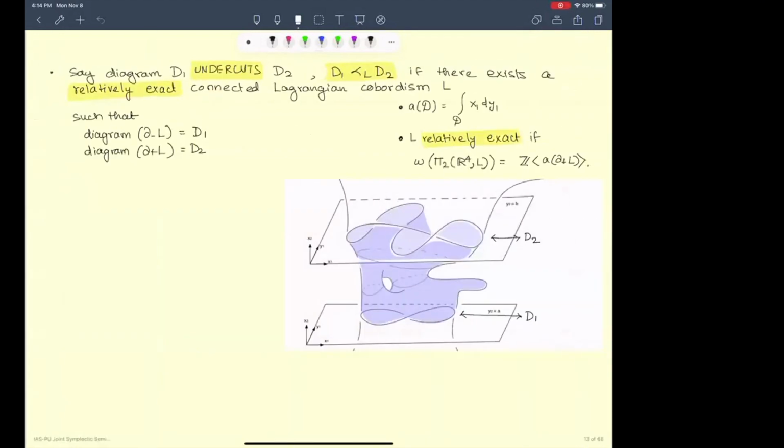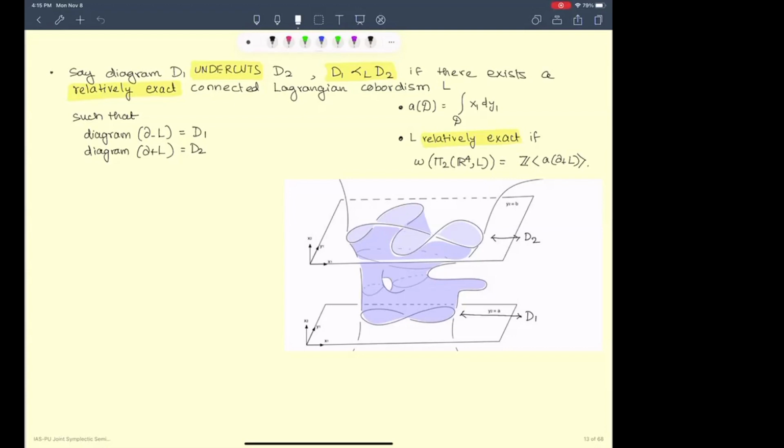And relatively exact is a slight weakening of exactness, or weakly exact. If you have such a Lagrangian cobordism, both the top and the bottom diagrams have to bound the same area. You can do some Stokes theorem, it works.